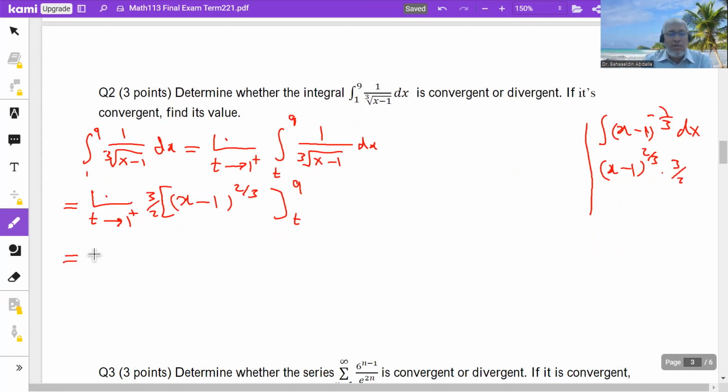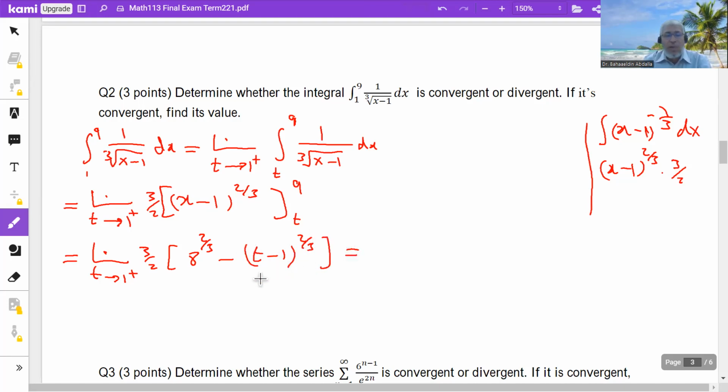And this would be equal to, I have 3 over 2 outside, then replace x by 9. 9 minus 1 is 8. 8 to the power 2 over 3 minus, now replace x by t. So t minus 1 to the power 2 over 3.